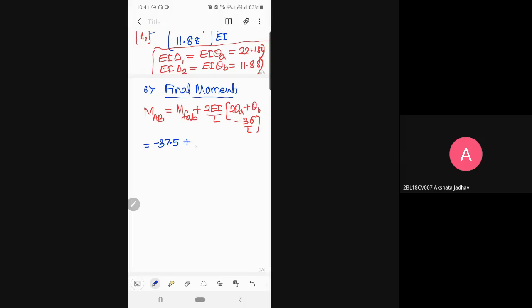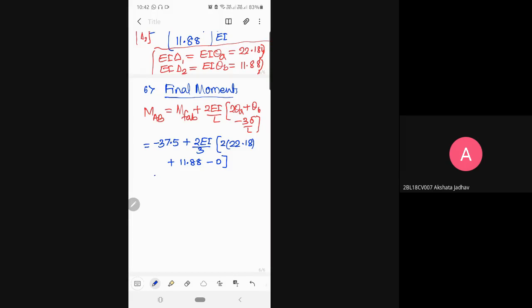Plus 2EI over L. 2EI for member AB, it is I only, divided by the length of member AB, which is 3, into 2 times theta A. Theta A value is 22.18, plus 1 times theta B, 11.88, and this delta is 0.